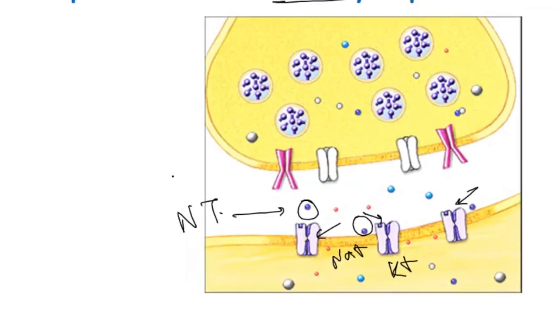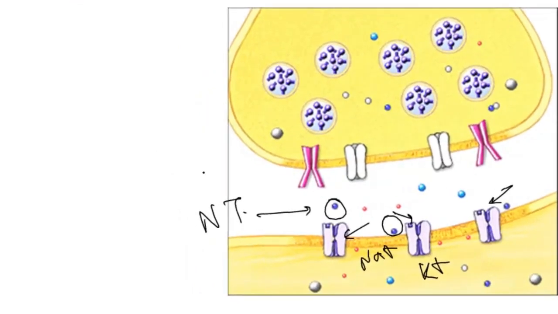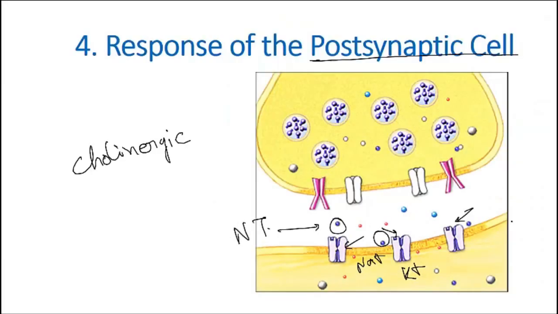There are two main groups of receptors. One is the cholinergic receptor, and another one is the adrenergic receptor. Let us look at the different types of receptors.